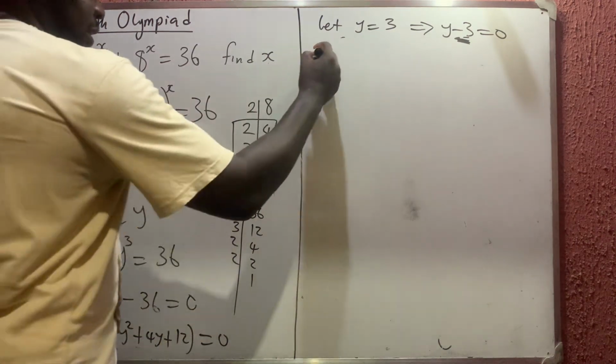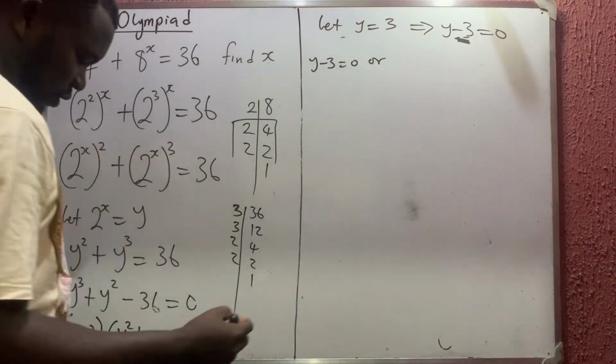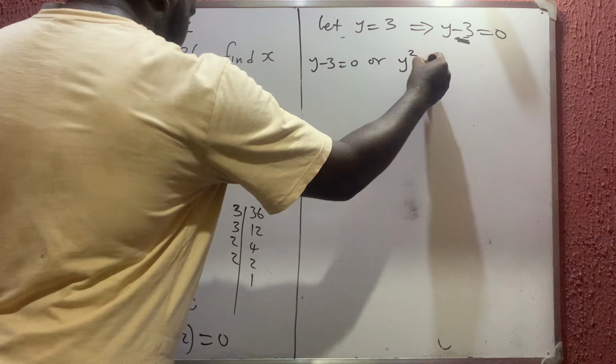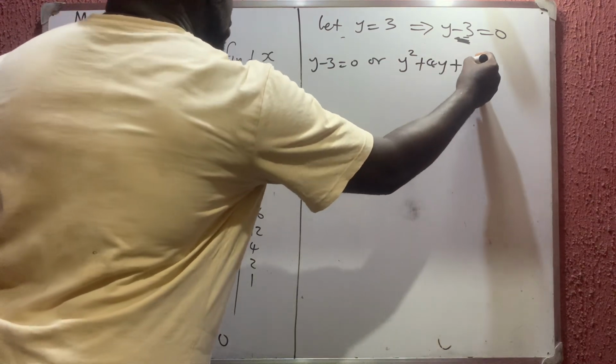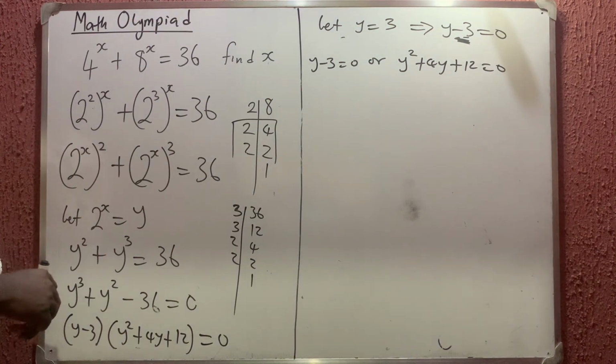So we say y minus 3 is 0, that's the first case. The second case is that y squared plus 4y plus 12 is equal to 0. So this is the second case. Okay, you get that?